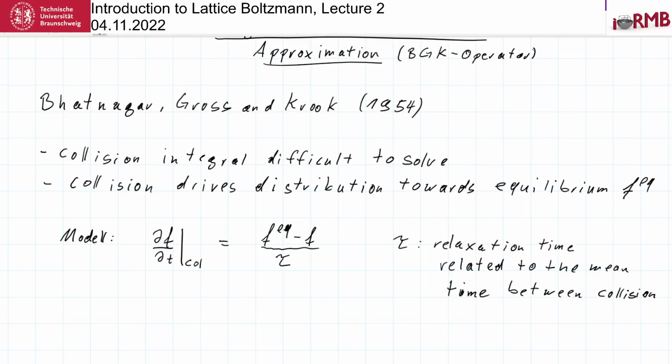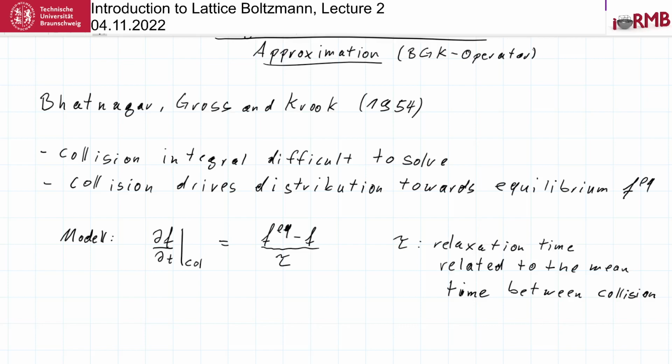So a basic idea that you could have in your mind is the following, that when particles have collided, they first undergo an advection step, so they move in the direction where they were moving. And after moving, because there are gradients in the conserved quantities, they are no longer in equilibrium. And once they hit another particle, the outcome of this collision is random, and because it is random, it will on average go to equilibrium.